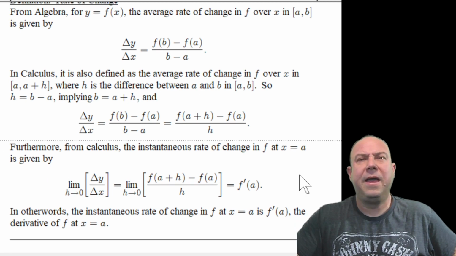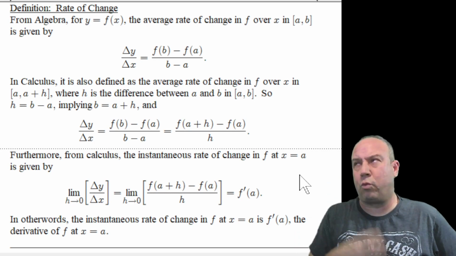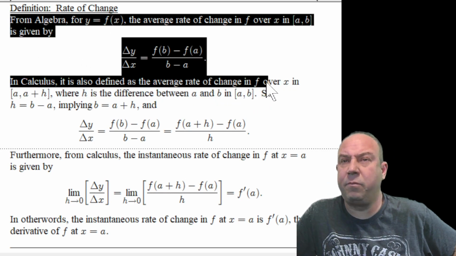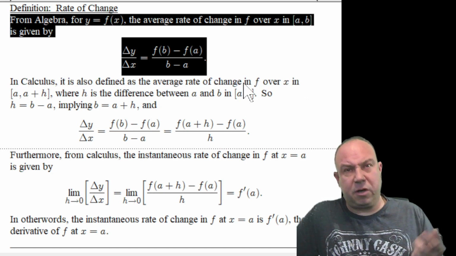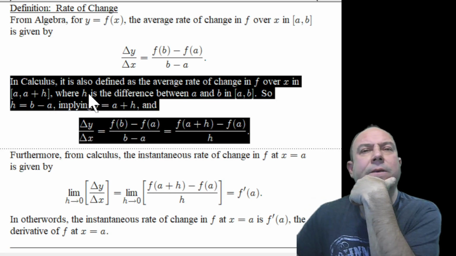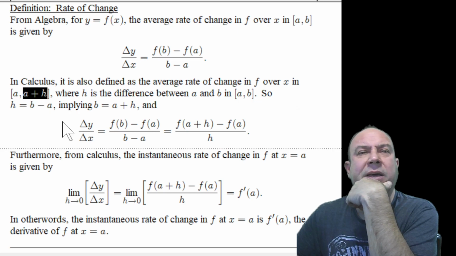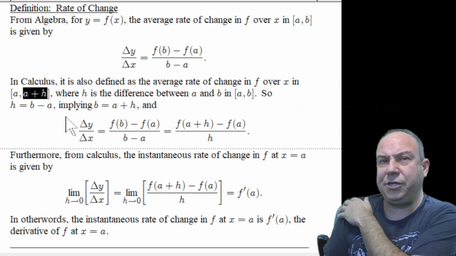All right. So initially what we have is this definition for rates of change. We have what's called an average rate of change calculation that we're familiar with from algebra. We can take what we're familiar with from algebra and redefine it in calculus, allowing h to be the difference between a and b, so that b can be thought of as being located at a plus h.